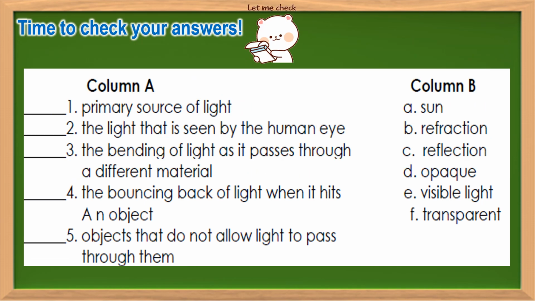Let's check your answer. Number 1, the correct answer is letter A. Number 2, the answer is letter E. Number 3, the answer is letter B. Number 4, the correct answer is letter C. And number 5, the answer is letter D.